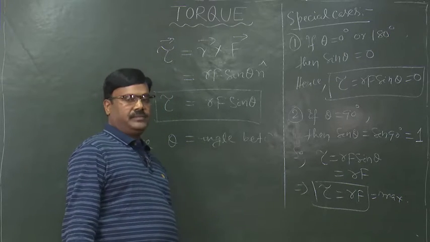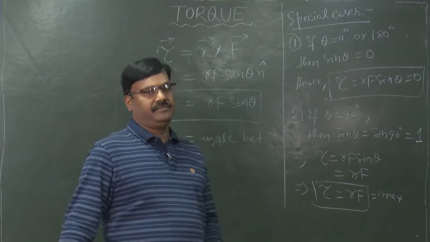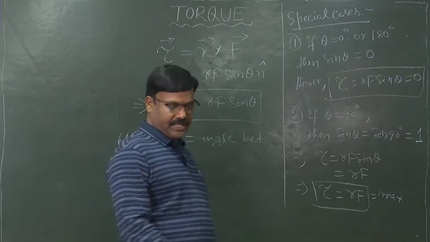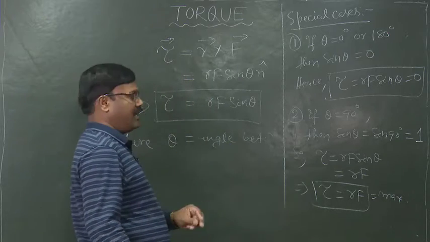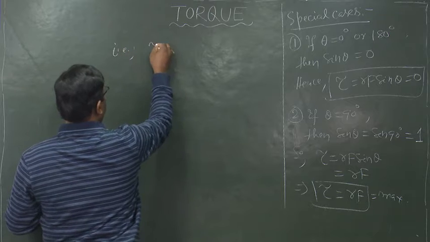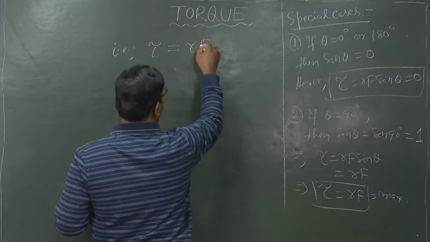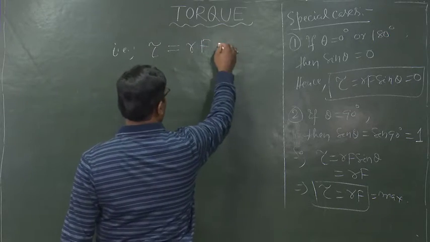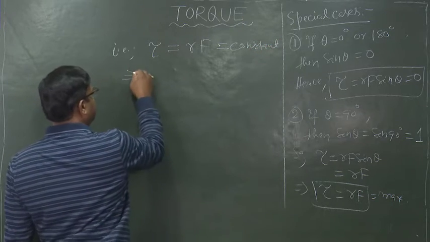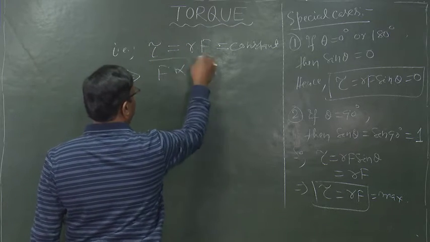Now, from this expression we can conclude that for a body in rotational motion, torque is constant. That is, tau is equal to r F is equal to constant, which implies F is proportional to 1 by r.